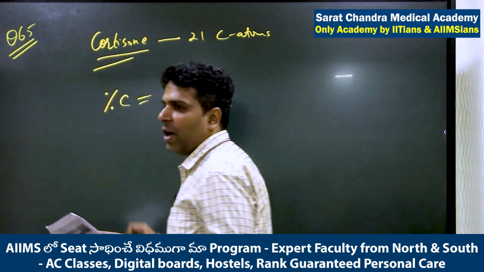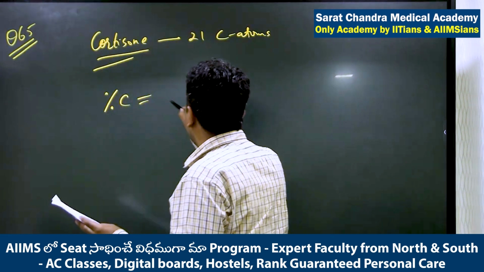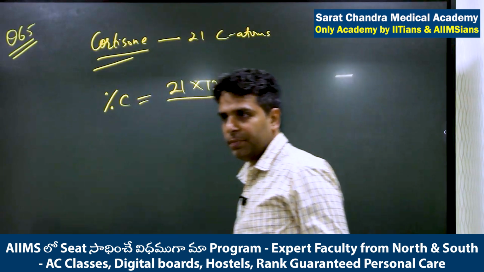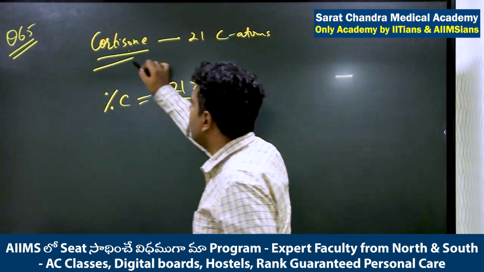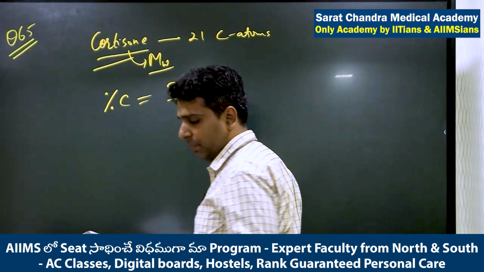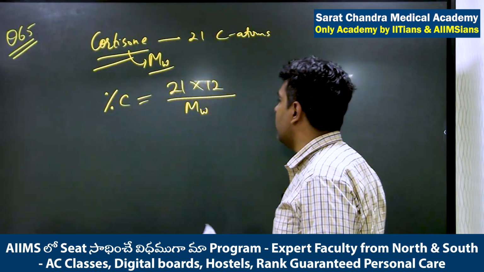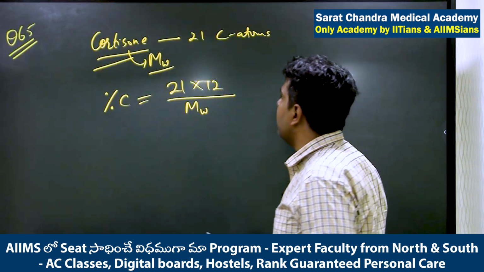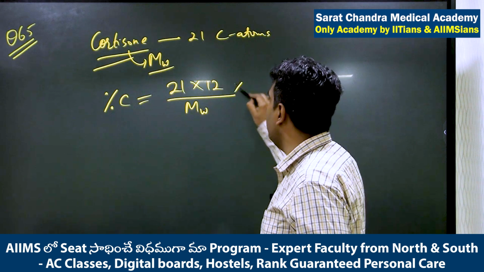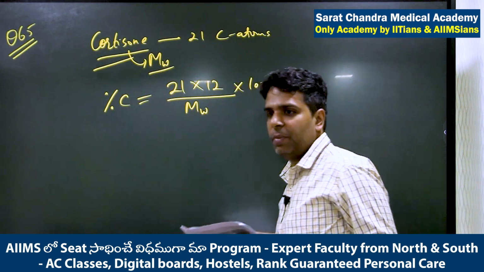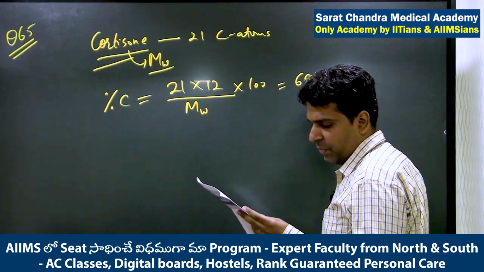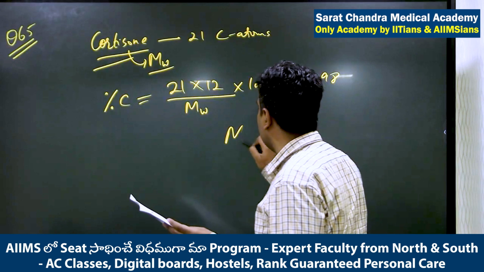So mass percentage of carbon will be mass of carbon, there are 21 carbon atoms and mass of one carbon atom is 12, divided by total mass of the cortisone. Let the molecular weight of the cortisone be mW, that we have to find out. So percentage of carbon will be mass of carbon divided by total molecular weight of the molecule into 100. So this will give me the percentage of carbon that is given in the question, 69.98. So you have to find out the molecular weight of cortisone.